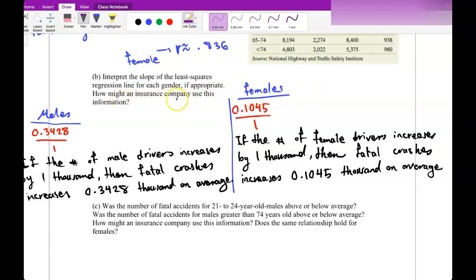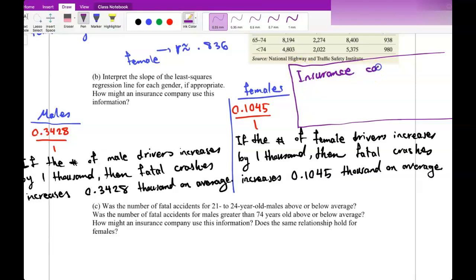So how might an insurance company use this information? So our conclusion is the insurance company may have higher rates for males.